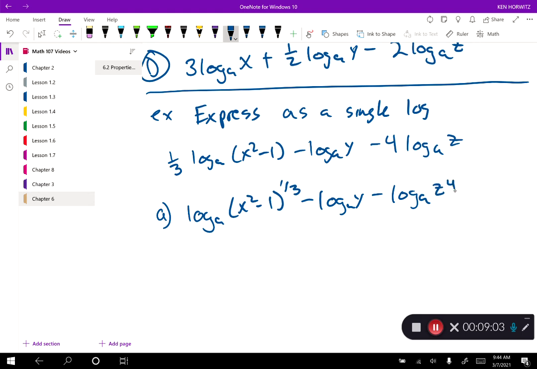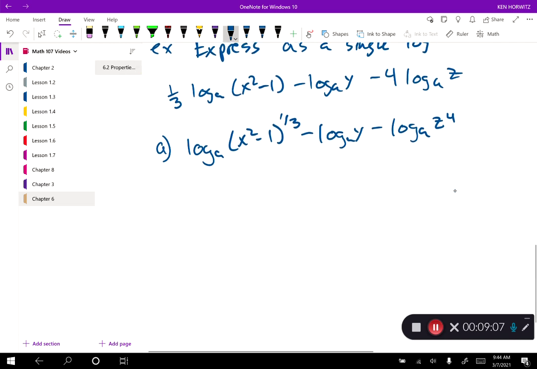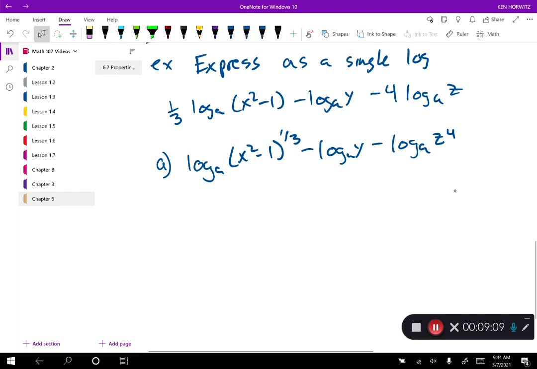Now, you can do this in multiple steps. I'm going to make a choice, and my choice is to do a little bit of algebra. It's going to save me doing some steps with my properties of logs, and I think it's going to wind up being a little bit easier.